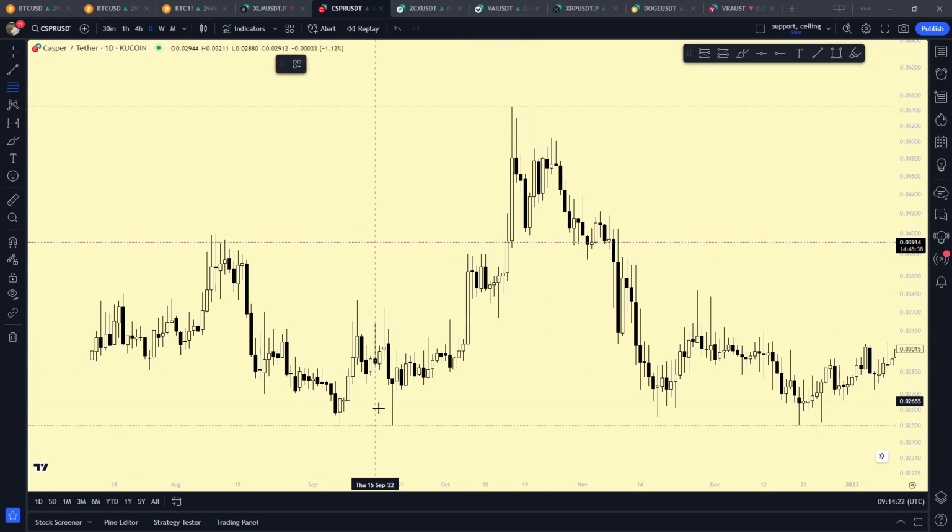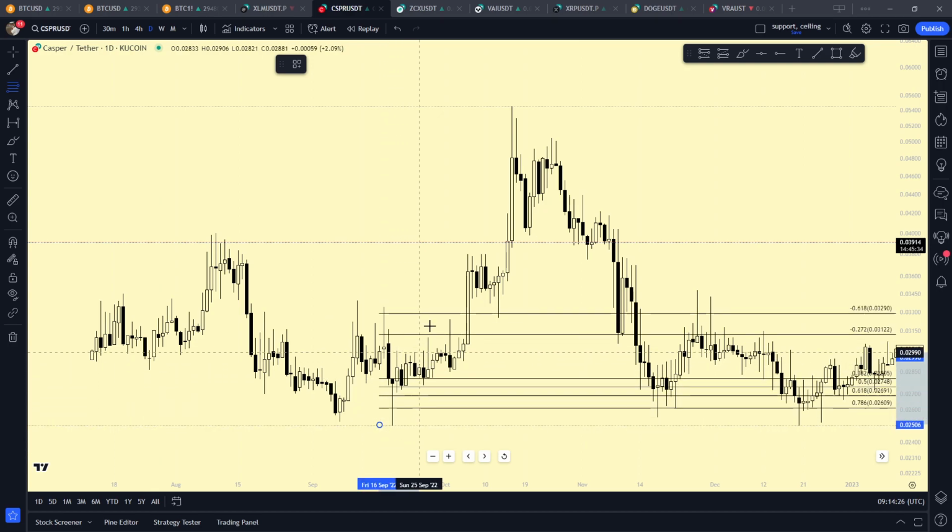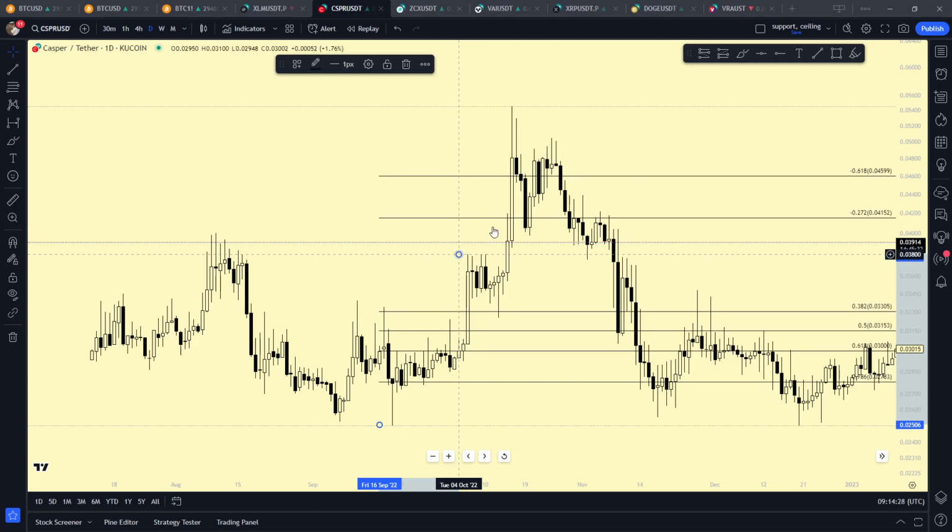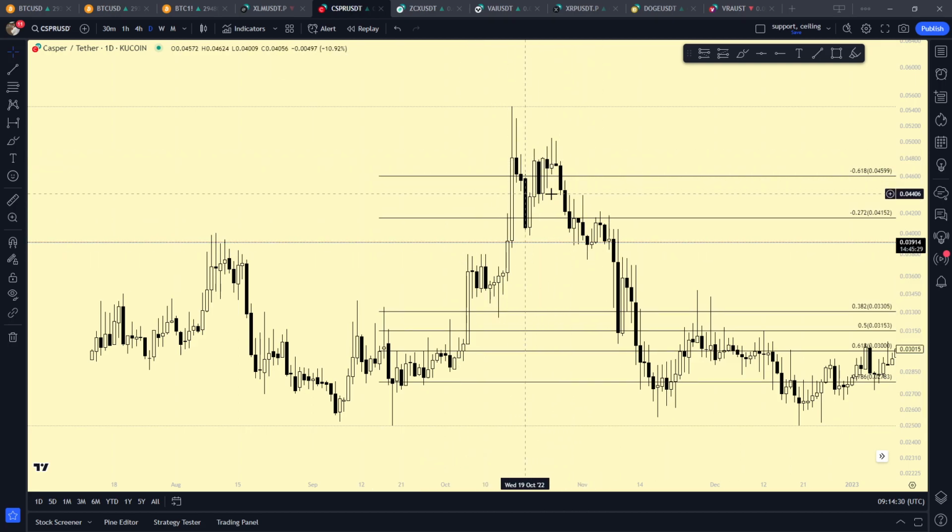So what we're going to do is we take the Fibonacci from the low to the high that we know, and then you can see the take profit levels have actually been very useful. You see this retracement back to one of our important levels that it needs to retrace to. So that's where we put our entry, and our entry is gonna be hit right here.